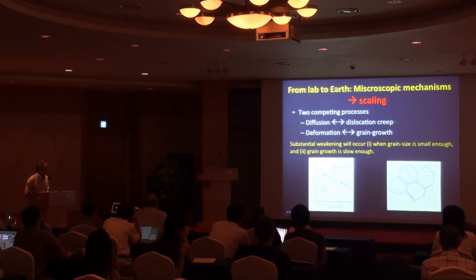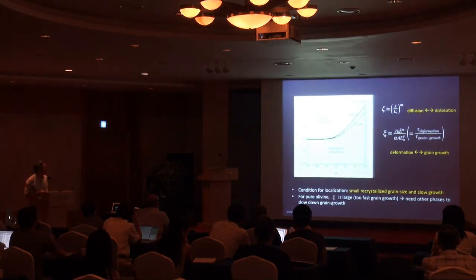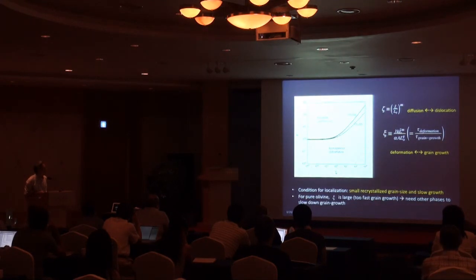I developed a very simple model to quantify this. In this theory, the regime of localized deformation and homogeneous deformation is divided by two lines, and the condition for localization is characterized by two parameters which have clear physical meaning. One is the parameter theta.